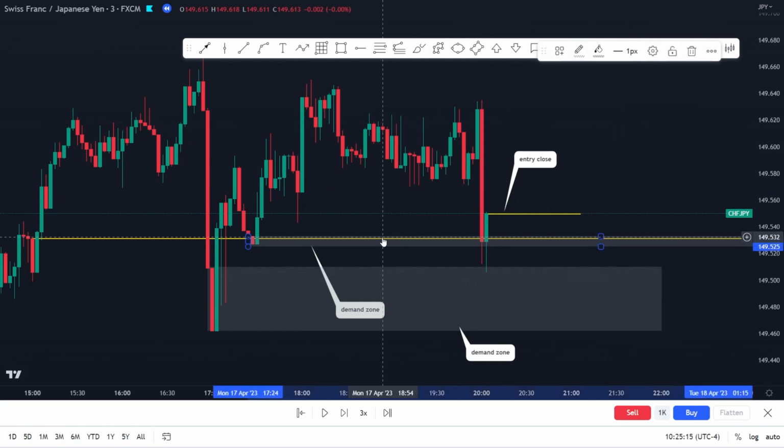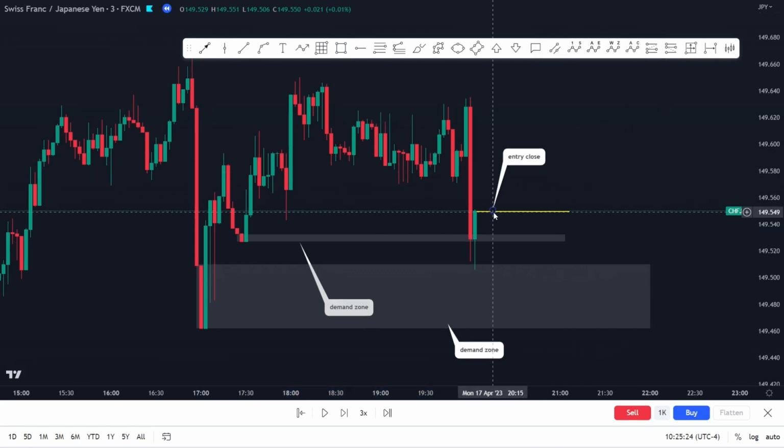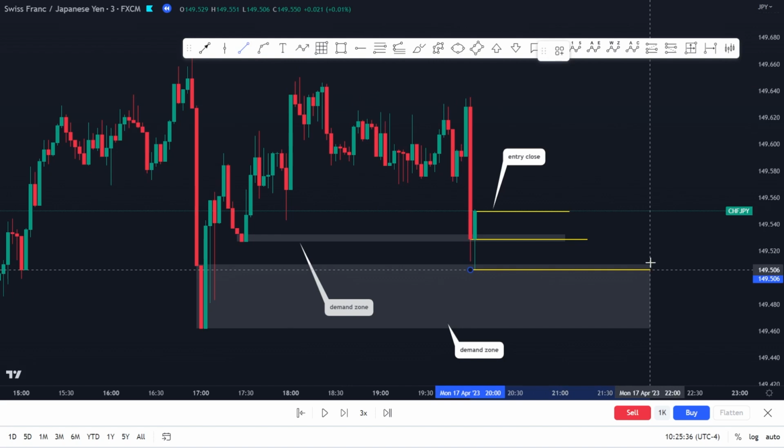Okay, I'll just remove this horizontal line from the 2 hours time frame, I mean to say. So we can see that we have this line here. We can enter, remember, and then another entry will be here. And then lastly, for those who like to snipe, they will enter here. They will put their buy limit order here.